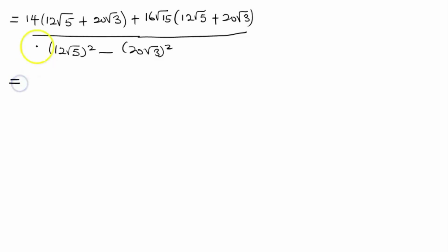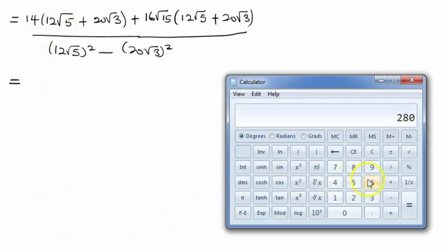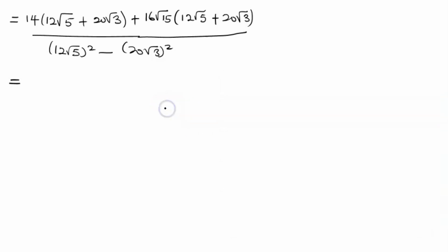So 14 multiplied by 12 gives us 168, so we have 168 root 5. Then plus 20 multiplied by 14, that's 280, giving us 280 root 3. Okay, we are done with that.